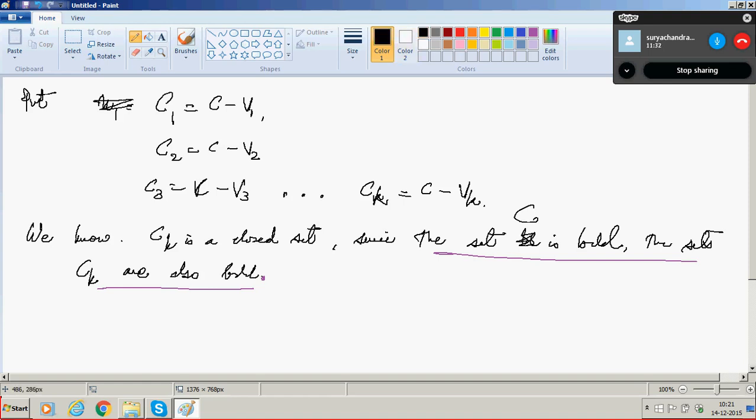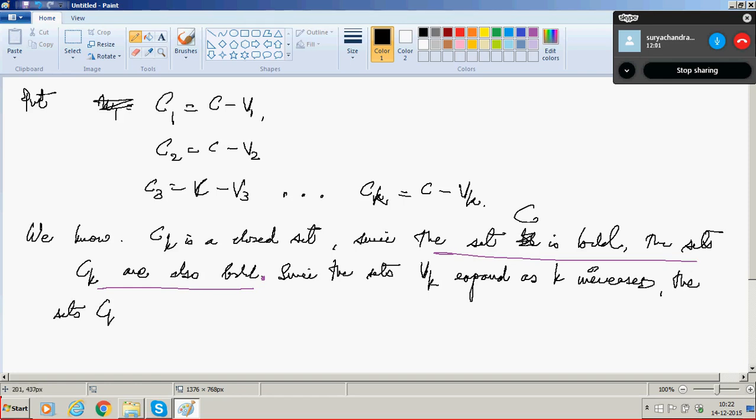So since the sets Vk expand as k increases, the sets Ck contract as k increases.